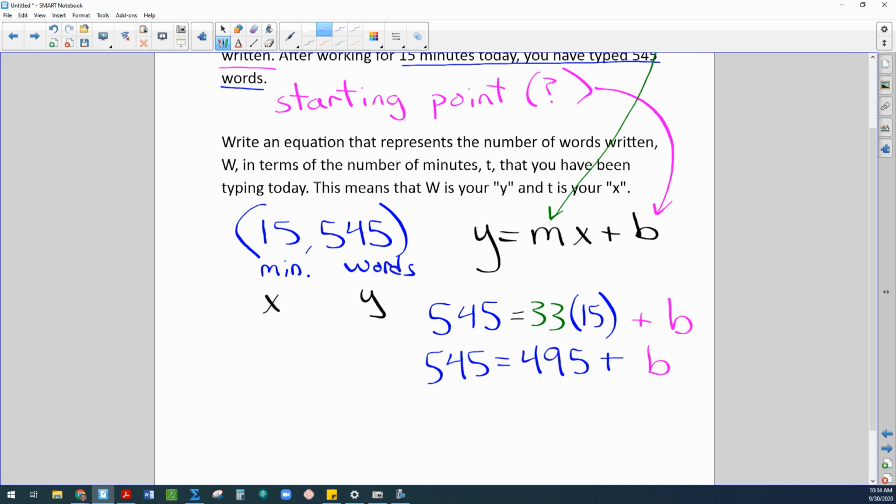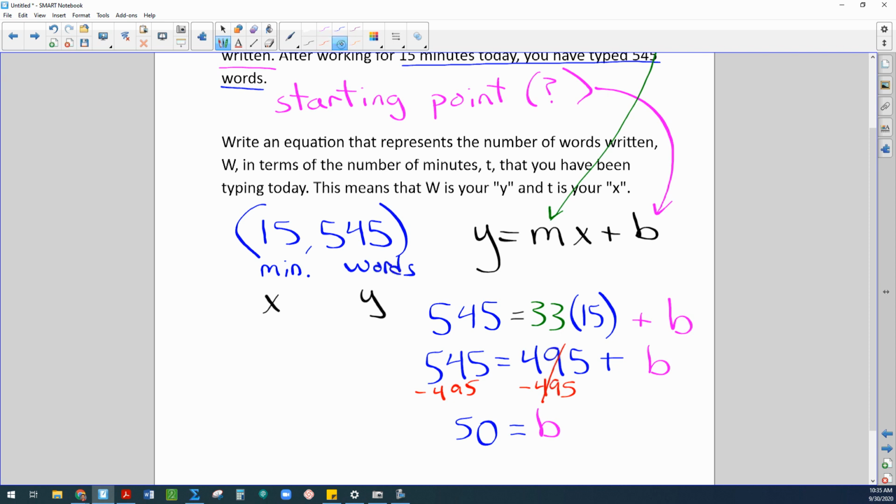So I could plug in random numbers to try to get that. Or I could subtract 495 on both sides. That's going to give me 50 equals b. So I actually started with 50 words, and then I typed for 15 minutes.